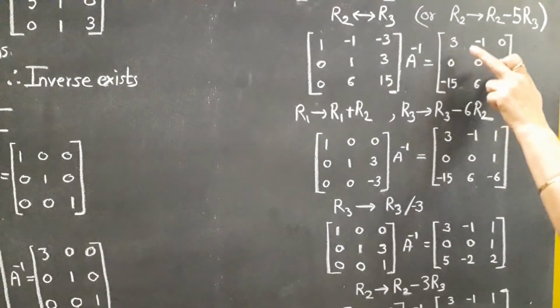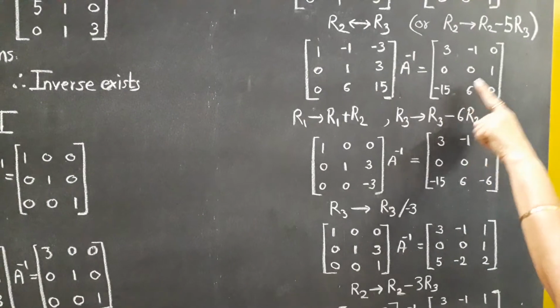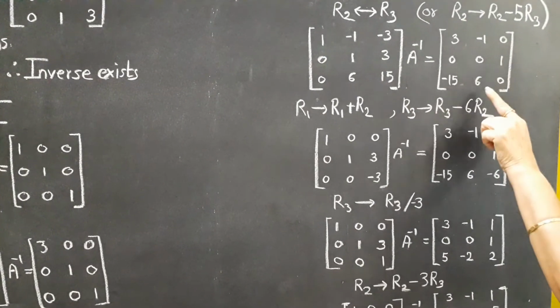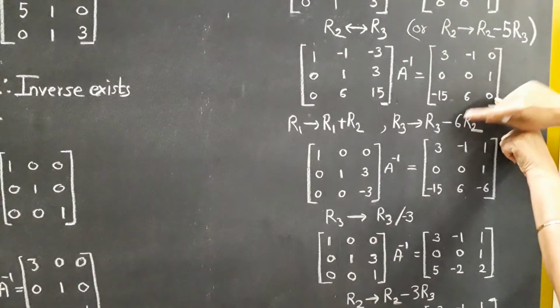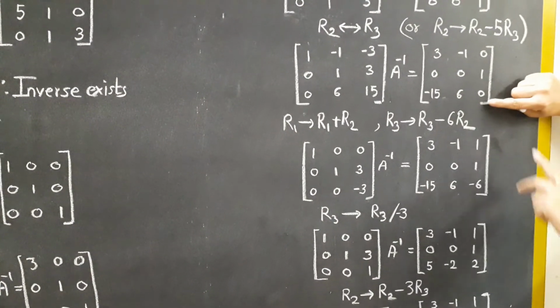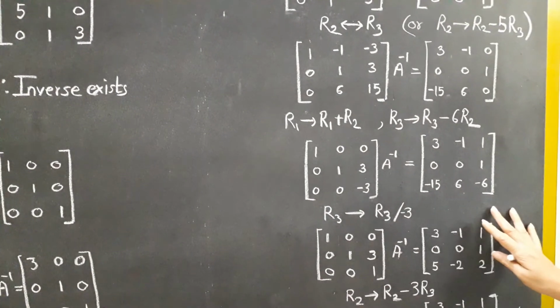Minus 15 minus 6 times 0 is minus 15. Again there is 0, so nothing will change. But here 0 minus 6 times 1 will give you minus 6. So this is how we are getting R3 also.